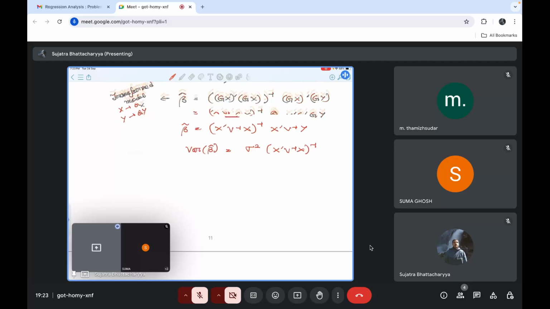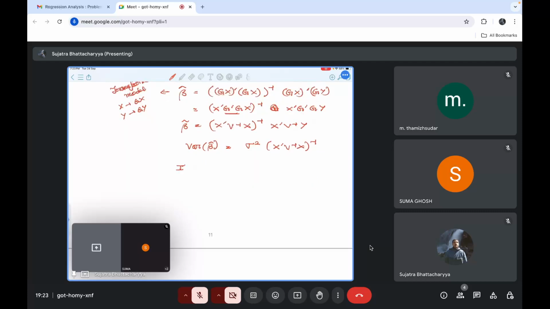Now, it is always possible to find a symmetric matrix G by using orthogonal decomposition.